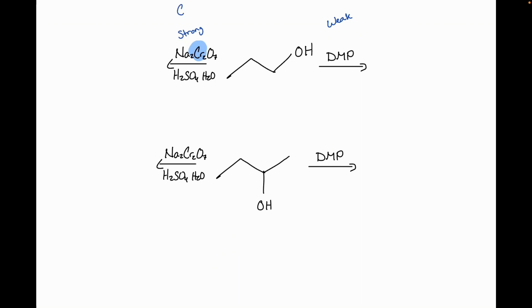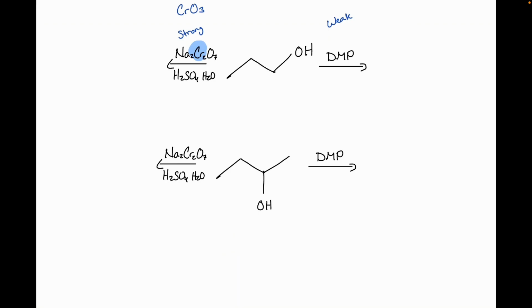For example, CrO3, chromium 6 oxide, is also a strong oxidizer. Chromium's just the magical transition metal that is really good at oxidizing carbons. So anytime you see chromium, you think strong oxidation, okay? They all have that same transition metal, chromium, Cr.